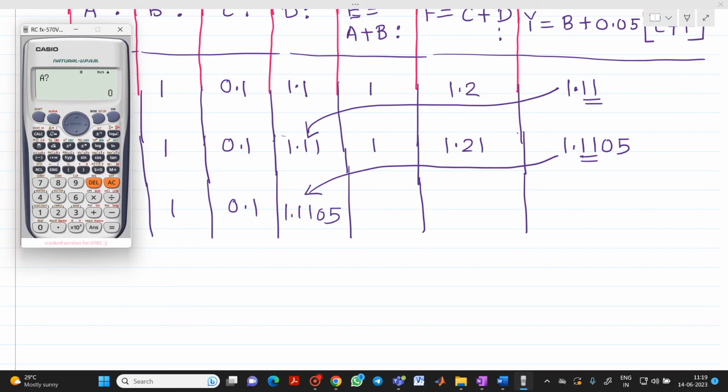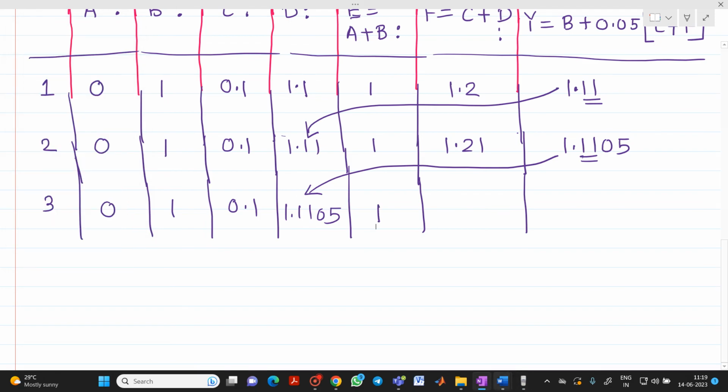A is 0, then B is 1, then C will be equal to 0.1 and D will be equal to 1.1105. So let me check the answers A, B, C, D. So what is E? E was the same, it is not going to change, which will be equal to 1.